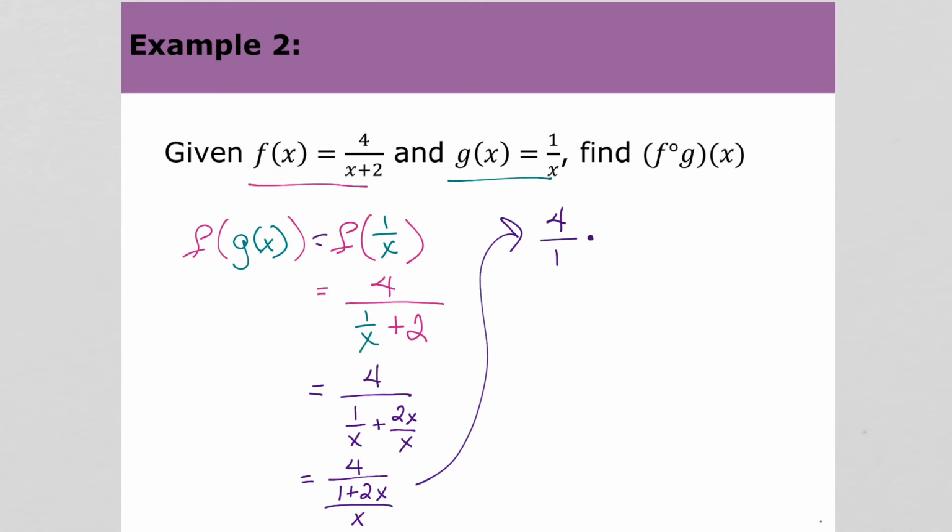And remember, when we divide, we flip and multiply. So it's divided by 1 plus 2x over x, which means we're going to multiply by x over 1 plus 2x. And you just multiply straight across. So we have 4x over 1 plus 2x.